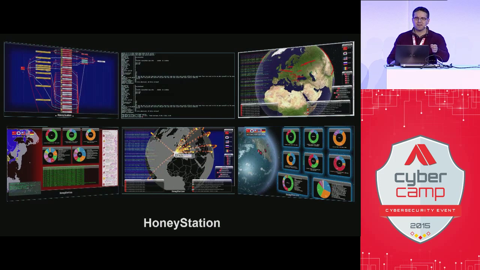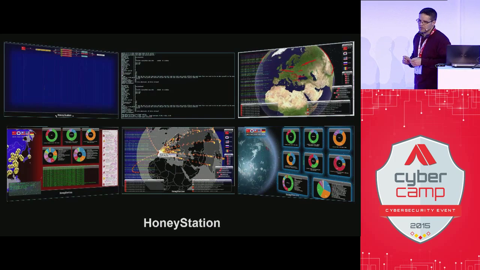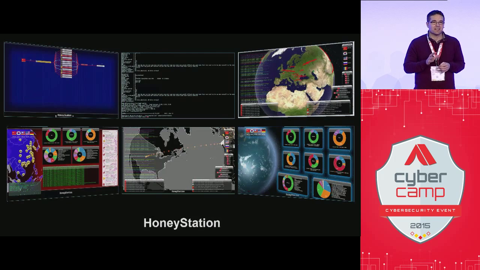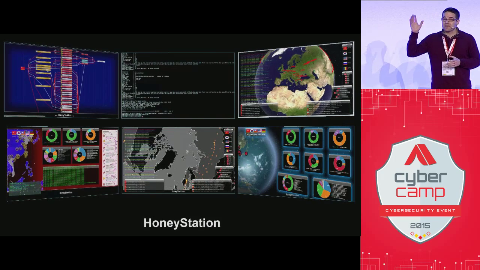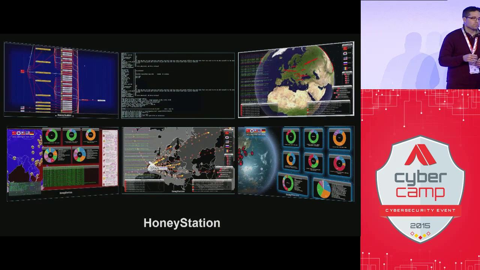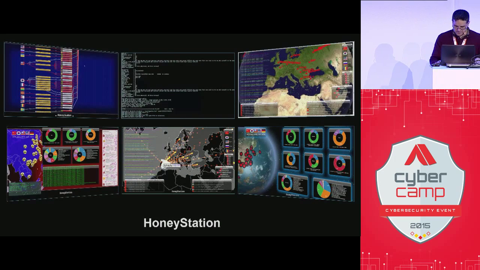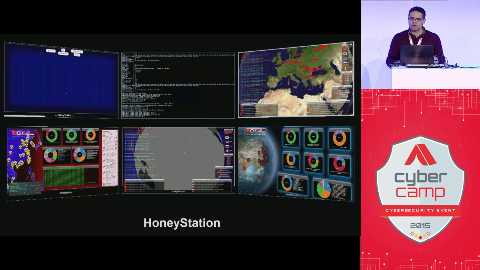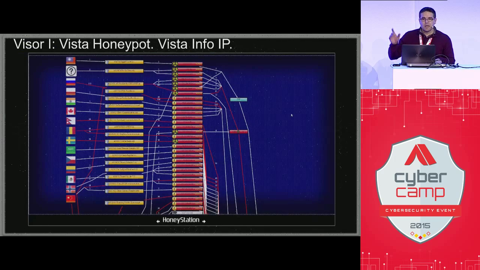Let me tell you that this project has been supported by INCIBE, and it will be included within a group of tools that will be made available for law enforcement agencies for detection of cyber attacks, national cyber attacks. All right, I will explain each of these panels to you.